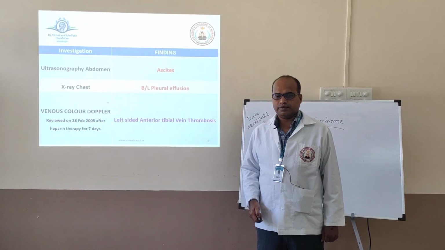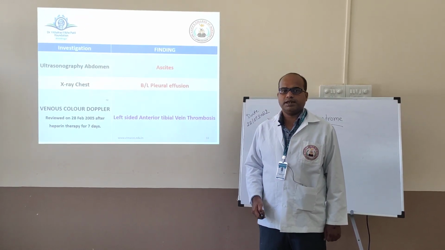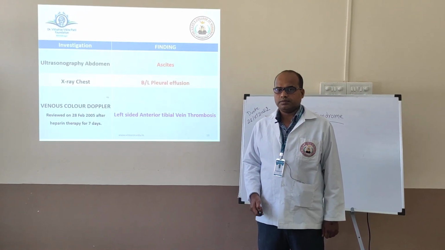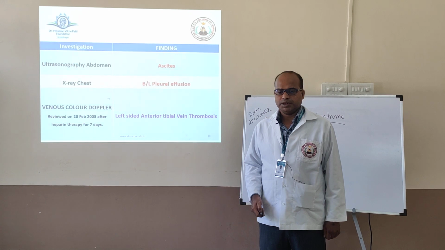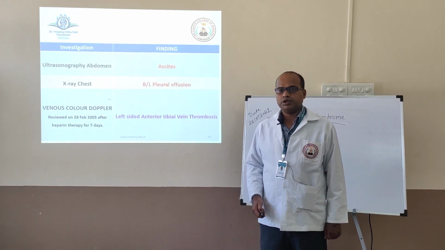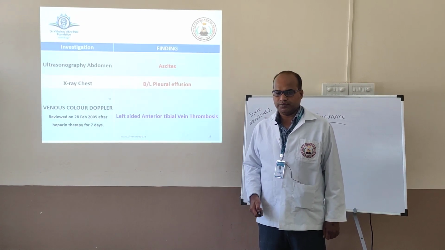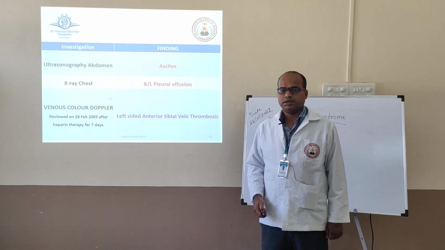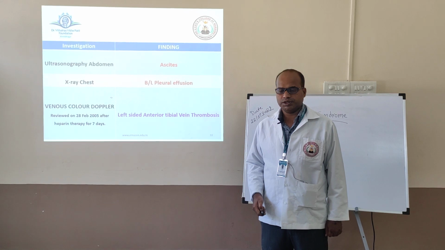Investigations like ultrasonography of the abdomen, as there can be hepatomegaly and the problem of ascites. Then an X-ray is required to investigate if there is pleural effusion. Venous color Doppler is required if there is any chance of thrombosis.